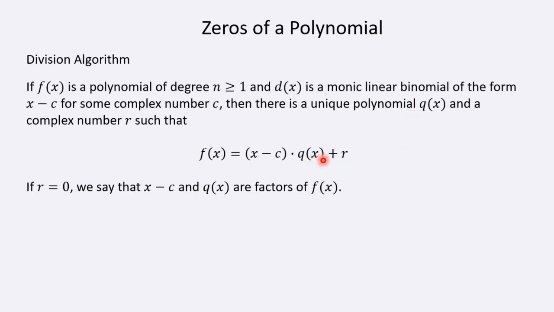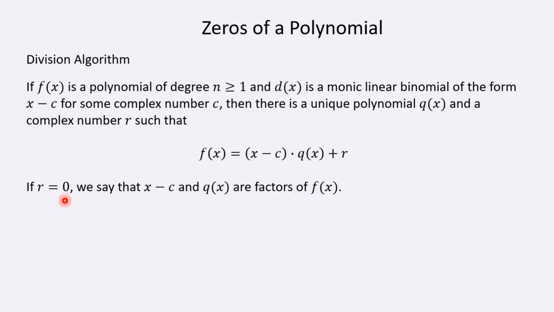The q of x they're talking about here is called the quotient, and r is called the remainder. So basically this says that you can write any polynomial as the product of x minus c and a quotient, plus some remainder.